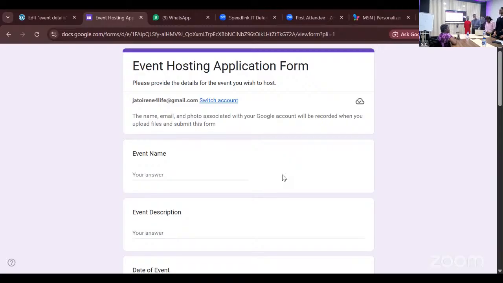Yeah. And then when the data has now been collected, for example, somebody wants to host on your platform, after he has filled this one, you will now come again and put the details of the event on your back end as well. So there is a tweak that should have been done.